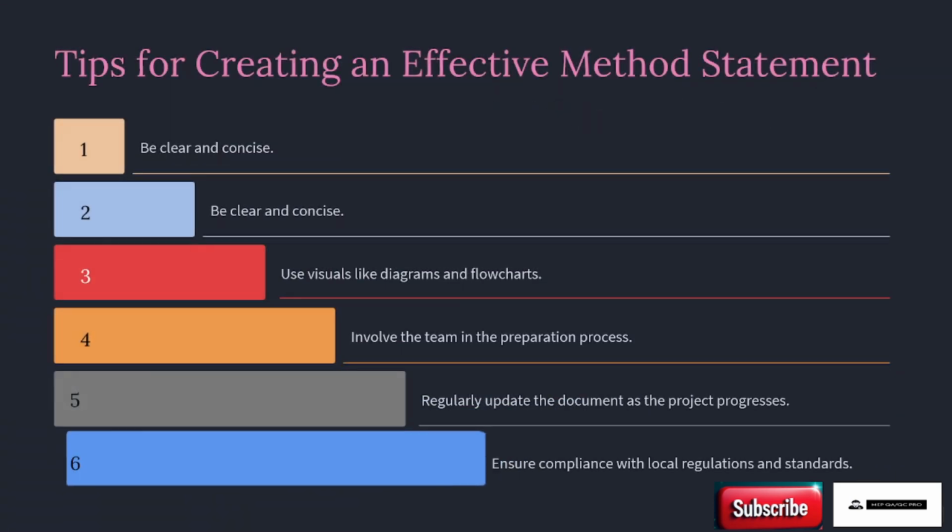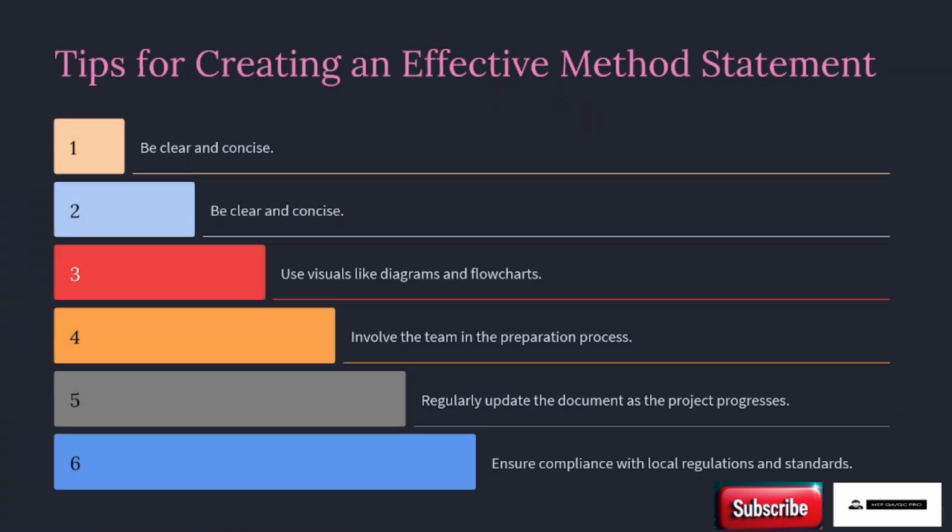Then the next one is the tips for creating an effective method statement. As a QAQC engineer, you must know how to prepare and write the method statement, because this is a very important thing. You need to organize and prepare everything in the method statement.